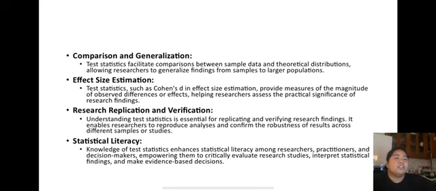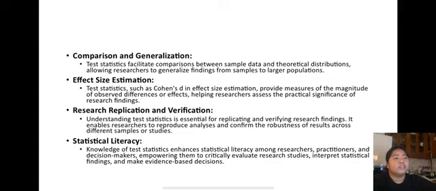Comparison and generalization. Test statistics facilitate comparisons between sample data and theoretical distributions, allowing researchers to generalize findings from samples to larger populations. Effect size estimation. Test statistics such as Cohen's d provide measures of the magnitude of observed differences or effects, helping researchers assess the practical significance of research findings.